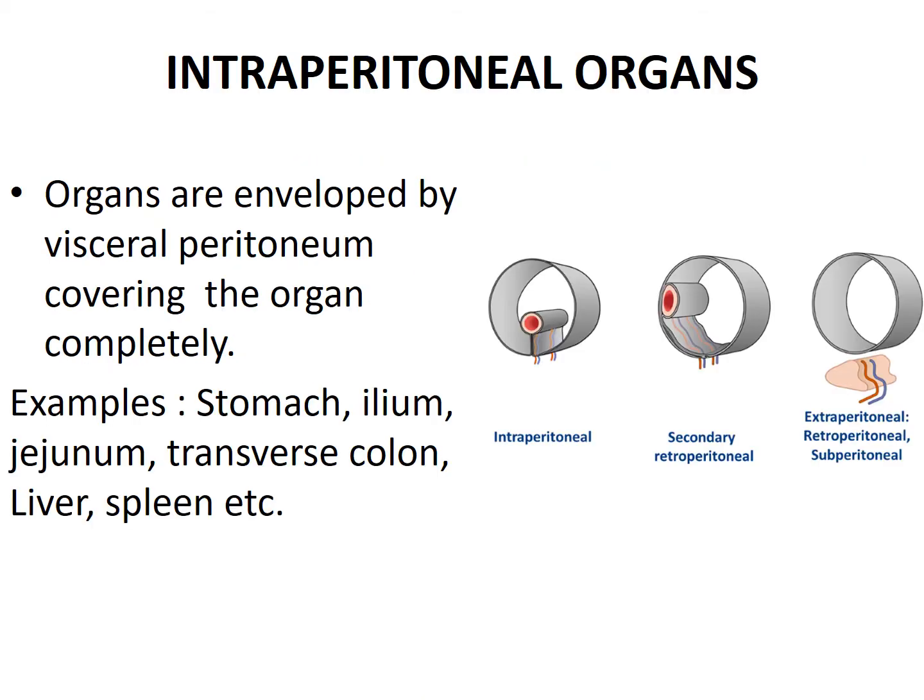The intraperitoneal organs are enveloped all around by the peritoneum, like this. For example, this is typically found in most of the GIT organs like stomach, ileum, jejunum, then transverse colon, liver and spleen.